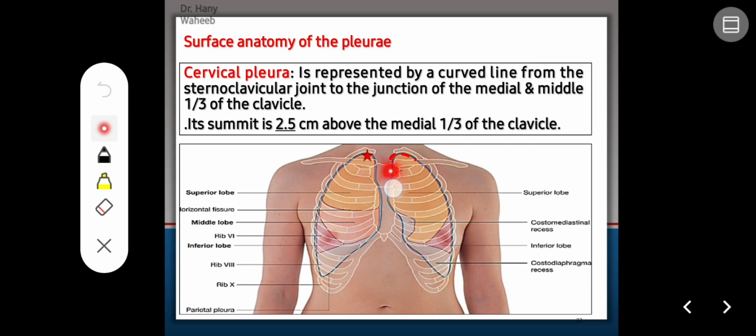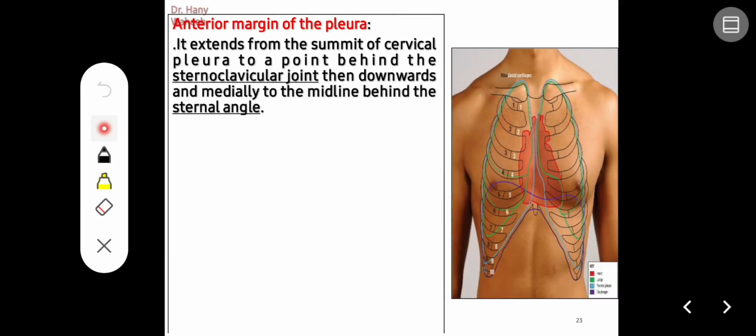So the apex of the cervical pleura, the dome of the pleura, is represented by a curved line from the sternoclavicular joint to the junction of the medial and middle thirds of the clavicle, extending 2.5 centimeters above the medial third of the clavicle. The anterior margin of the pleura differs between both sides.